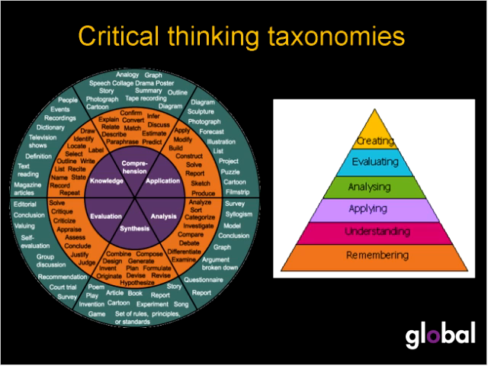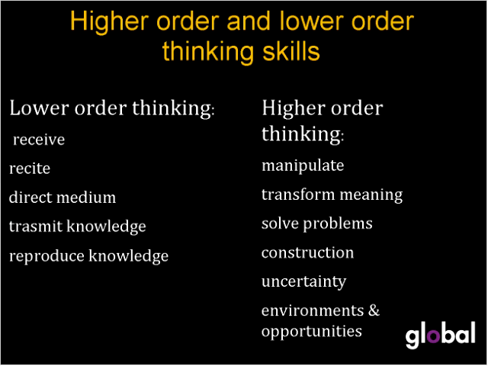The other one, the circle, is a much more detailed version of this taxonomy. Basically, there are different kinds of lists which outline what the critical thinking skills are. But most of them all agree on 2 things, that there are what's called higher level or higher order, and lower order thinking.